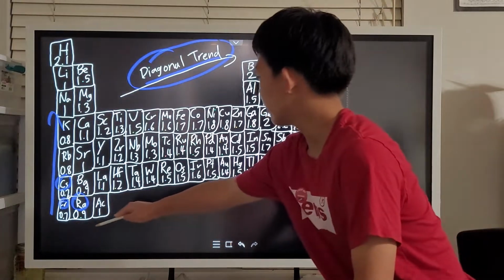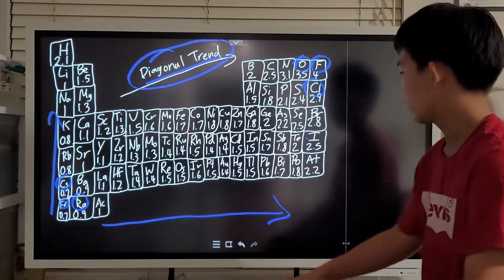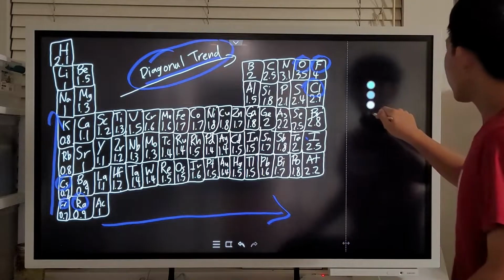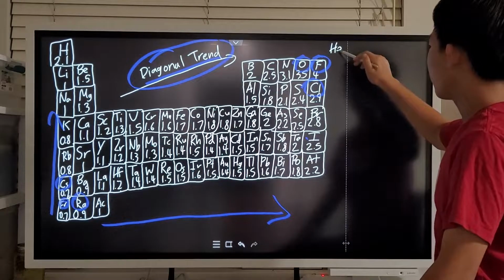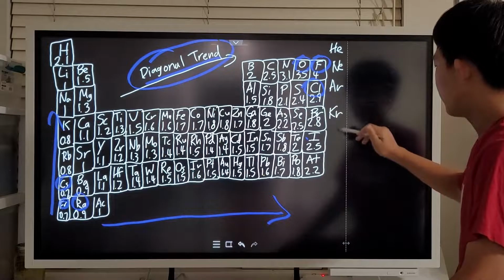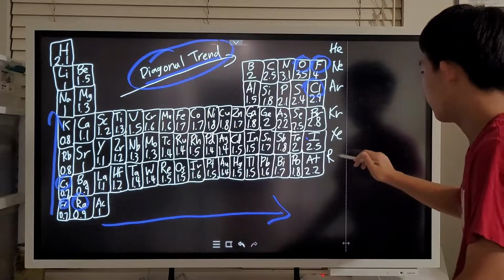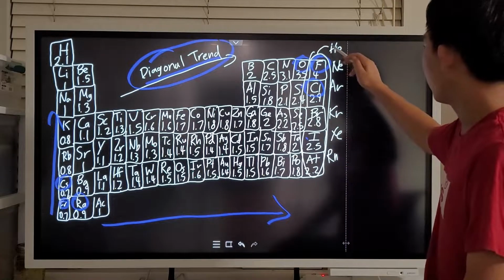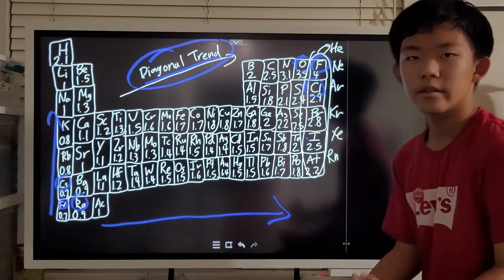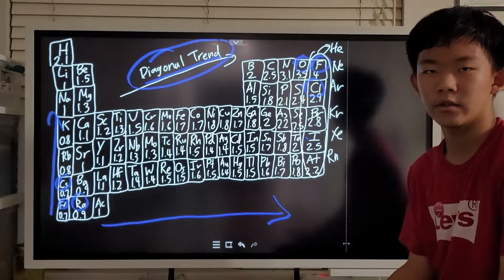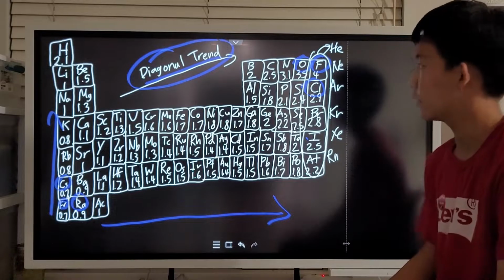Now there's also another electronegativity trend that occurs when you go sideways. The reason is that, although I didn't depict it here, there are still the noble gases: helium, neon, argon, krypton, xenon, and radon. As you can see, these guys are very close to the noble gases. So they're going to want to get electrons since it's the fastest way to get to the noble gas configuration.